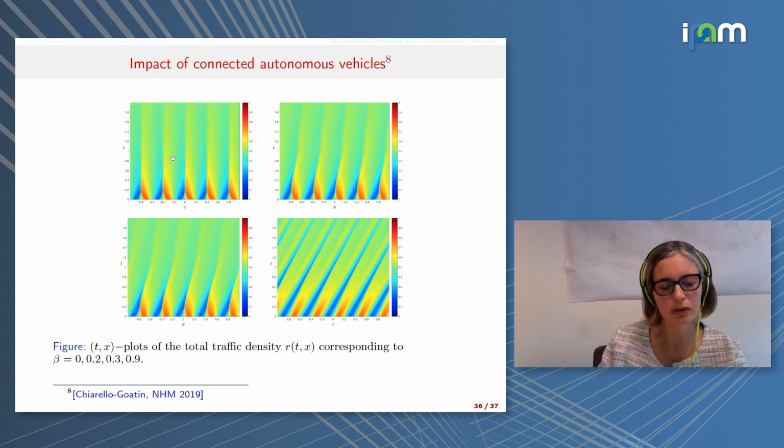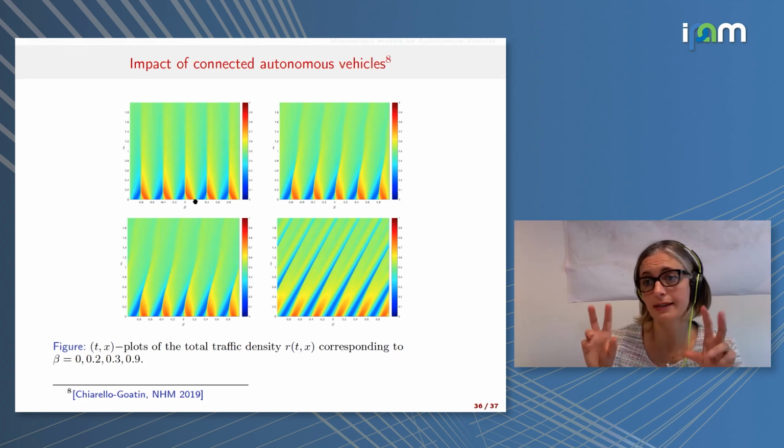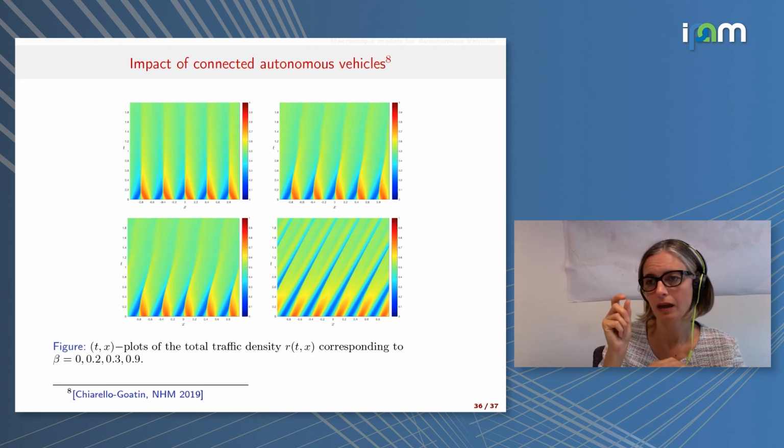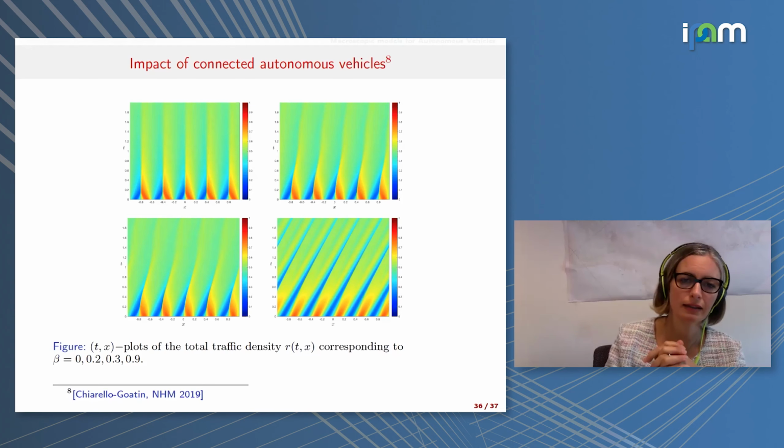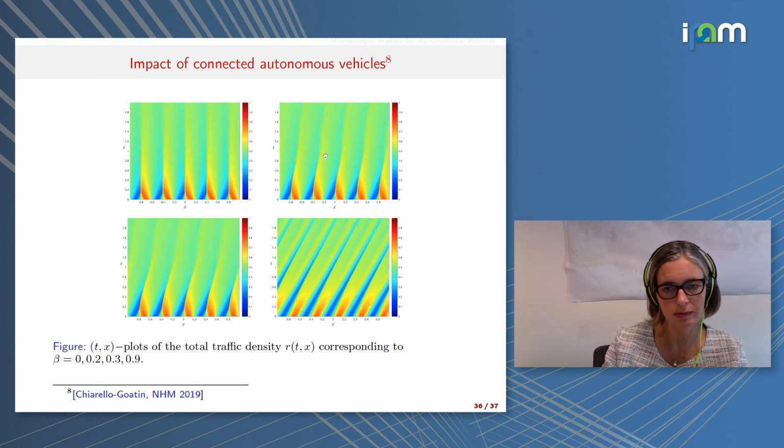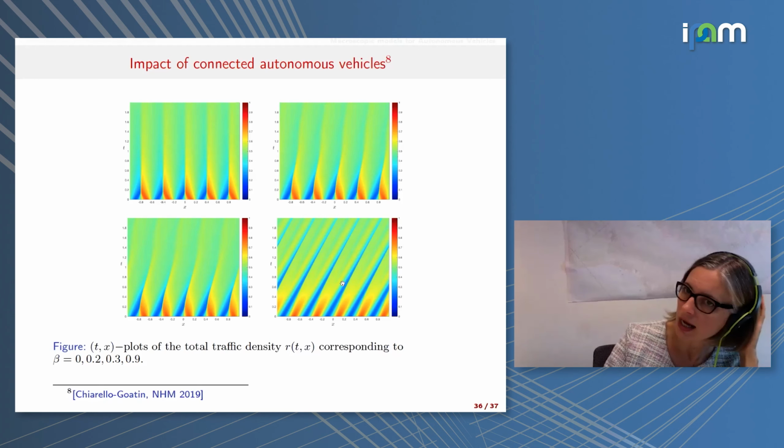Beta equal to 0 means that there are no autonomous cars, and so this is the evolution of traffic described by the more or less classical LWR model, because eta is very small here. So we are basically using the LWR model. And here beta is increasing, so 0.2, 0.3, and 0.9 that corresponds to the pictures I showed just before.